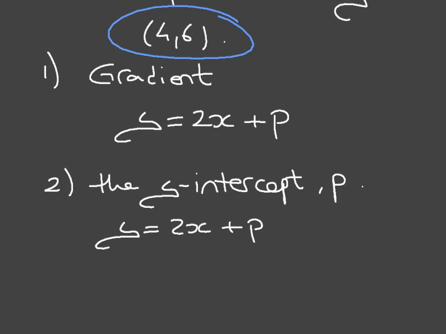But because this line has to pass through the point 4, 6, this tells us that when x equals 4, y has to equal 6.